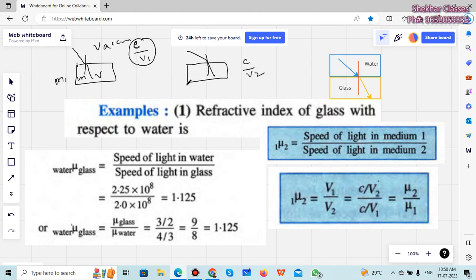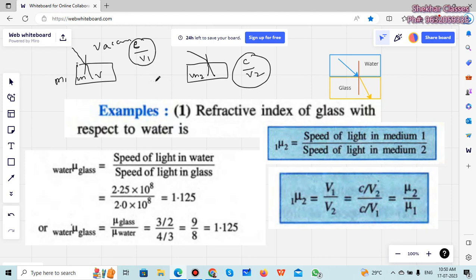When we have to find the relative refractive index from medium 1 to medium 2, say like water to glass, it will be the absolute refractive index of the second medium upon the absolute refractive index of the first medium.